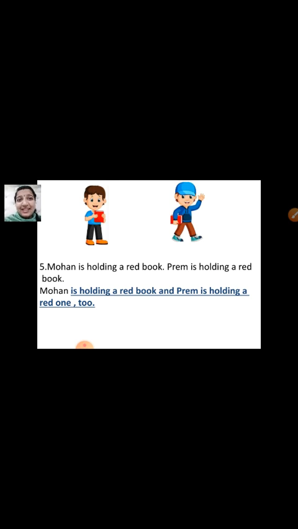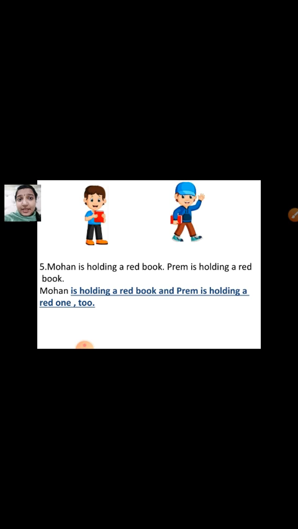Exactly, you are right. Mohan is holding a red book and Prem is holding a red one, comma too. Understood? Mohan is holding a red book and Prem is holding a red one, comma too. Okay?